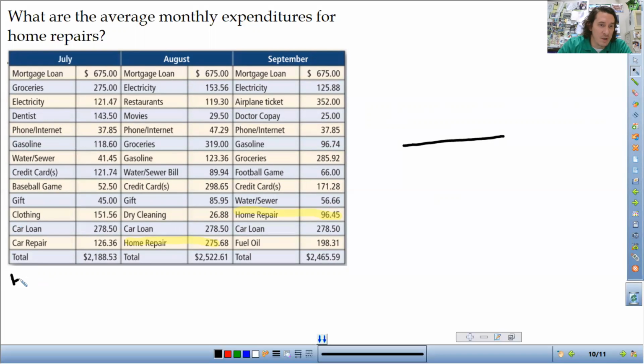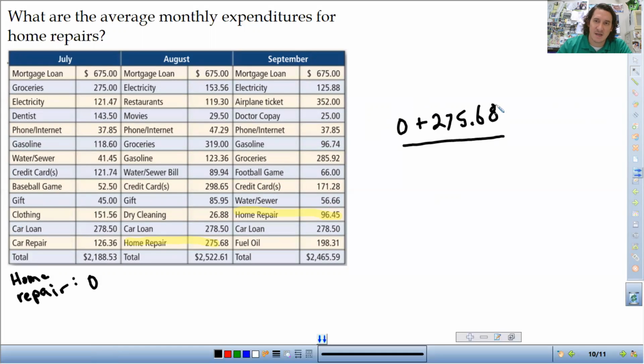Since in the month of July we spent 0, we need to figure the $0 into the total. So the 3 numbers I'm going to add up are 0 plus 275.68 plus 96.45. The 0 is not going to affect the total on top, but I'm going to divide by 3, and that's going to affect the average.